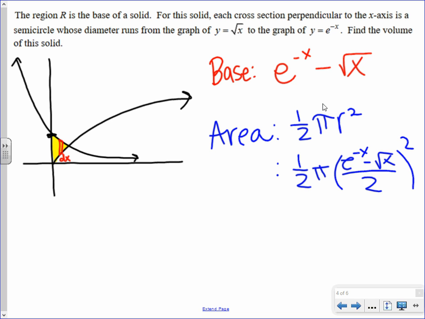Now, here's what I need from you. I need to know the x-coordinate of this intersection. Can you please find it for me?